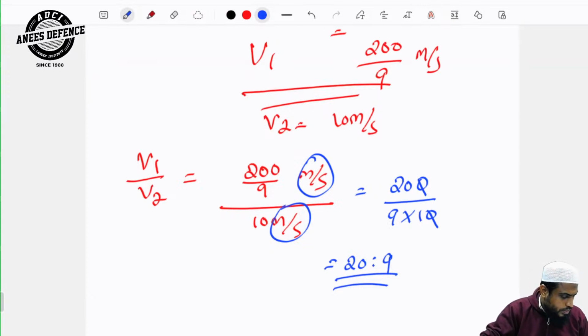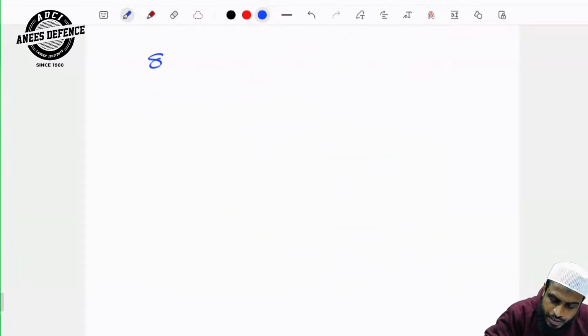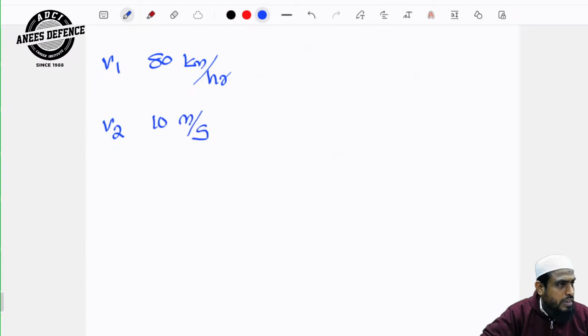So you have to check whether both units are the same. 80 kilometer per hour, that is V1. V2 is 10 meter per second. If you want to divide two quantities, the unit should be the same.